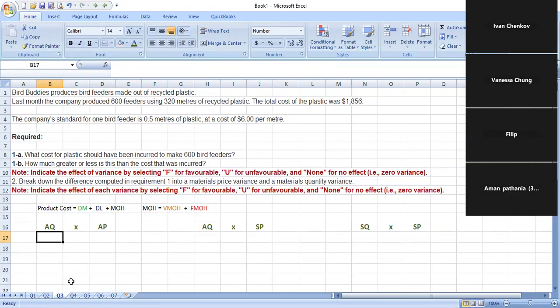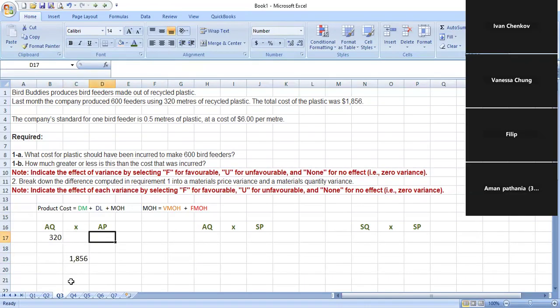Quantity. Now when we say the quantity, that's not the quantity of the products that we produce, that's the quantity of the material that we actually use. So how much material do we use? 320 meters. And how much do we pay for that? 1,856, calculated.